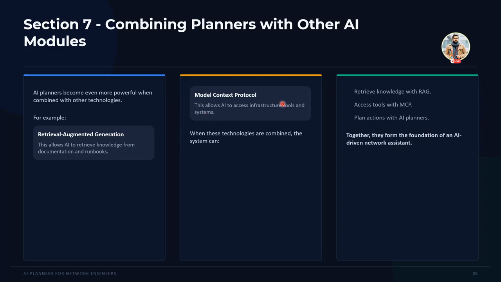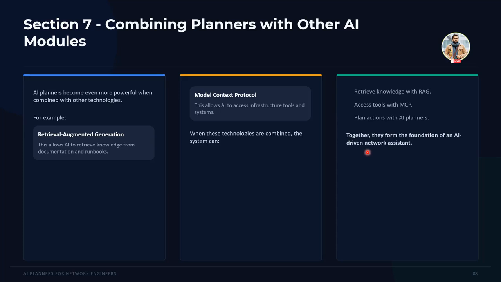MCP, Model Context Protocol, gives the AI access to your infrastructure tools and systems. And the planner, that is the intelligence layer that coordinates everything. It says, to answer this question, I need to retrieve relevant knowledge using RAG, call this specific tool via MCP, analyze the result, then call this next tool, and so on.